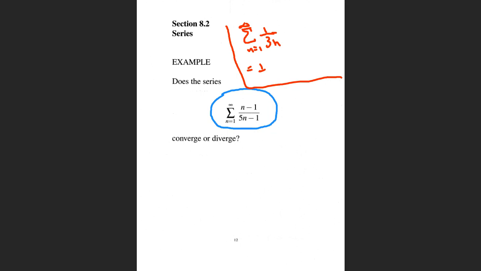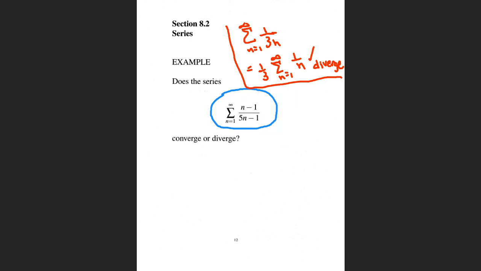Because the 1/3 can be pulled out front of the summation sign, that's a property of summations, right? You can pull out constants. This series here can be written as 1/3 times the harmonic series. And so that series will diverge.